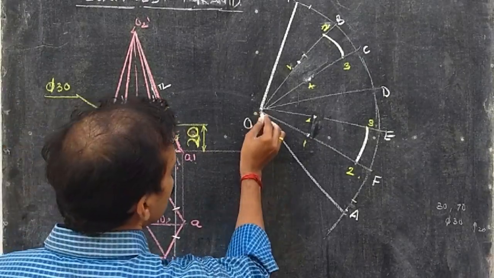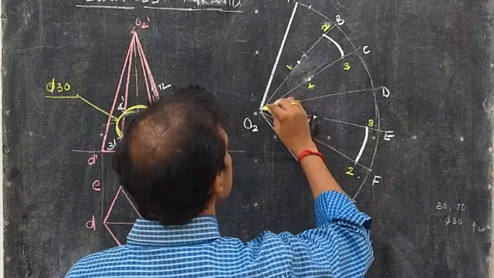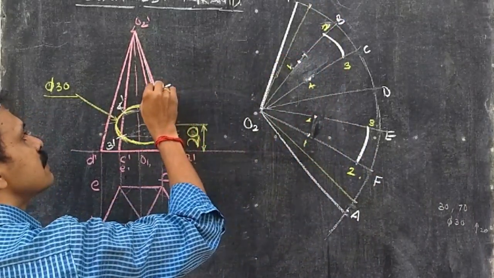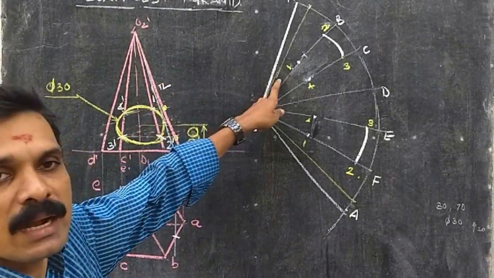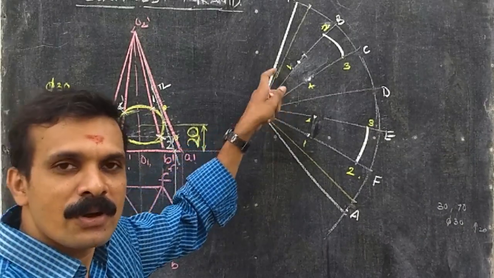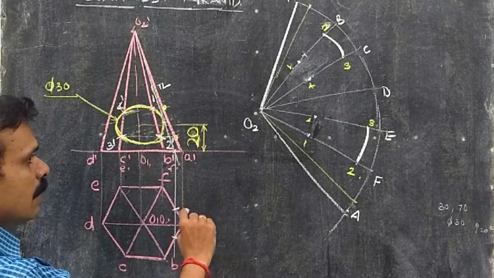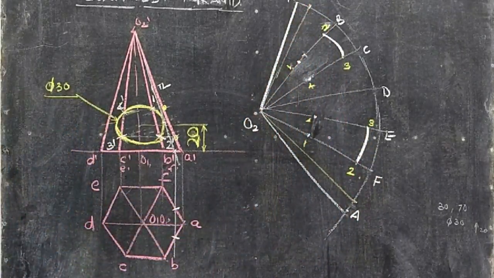Now, if we have drawn a line like this, this line indicates this line in the front view, or this line is indicated here in the development. So from that draw a perpendicular, take this distance and mark from A to F as well as from A to F and draw another line.